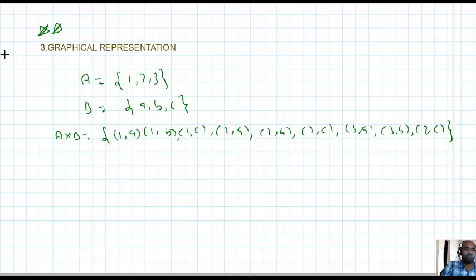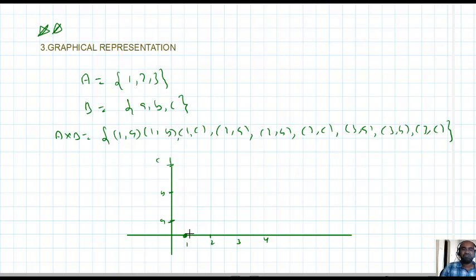Graphical representation means you need to take a coordinate plane. Observe, students, this is the y-axis and this is the x-axis. Just like we want to identify numbers here, this is number 1, this is number 2, this is number 3, this is number 4. So this is taken as a, this is b, this is c.